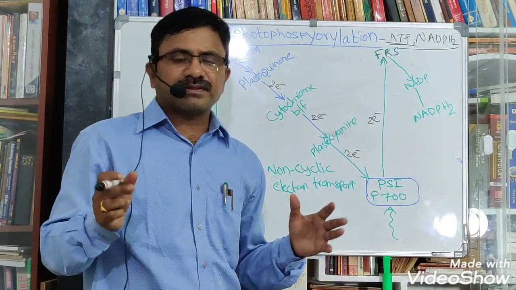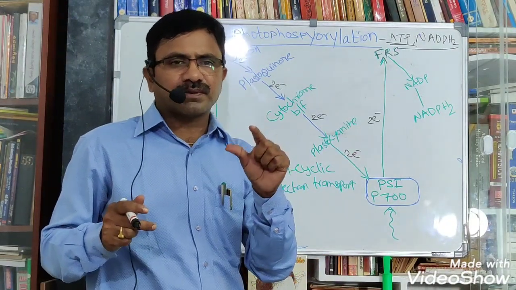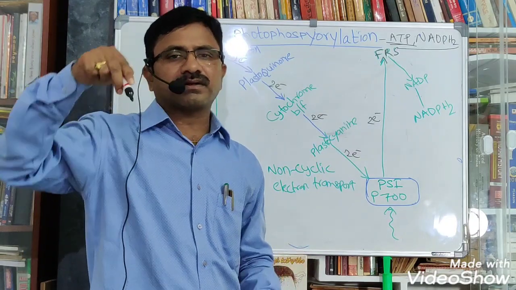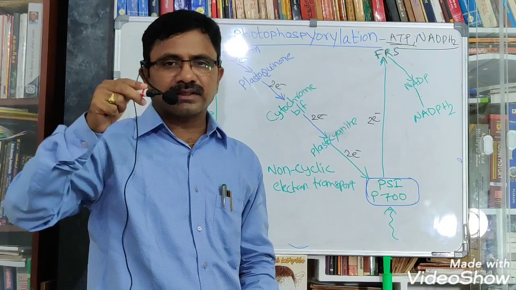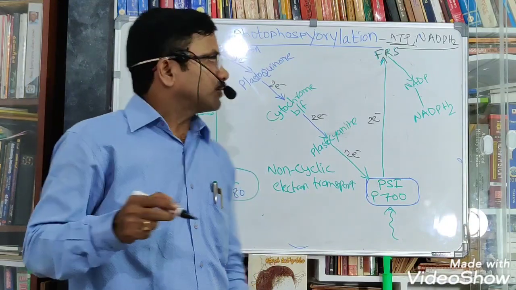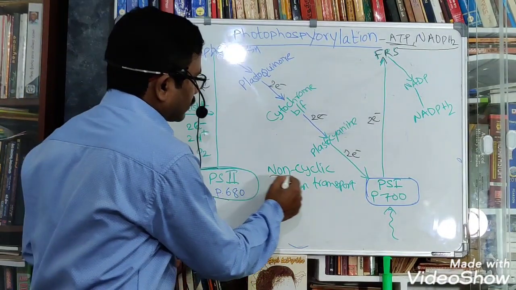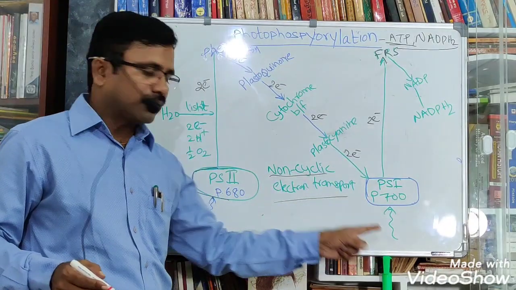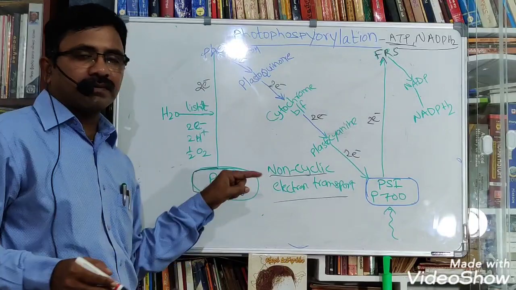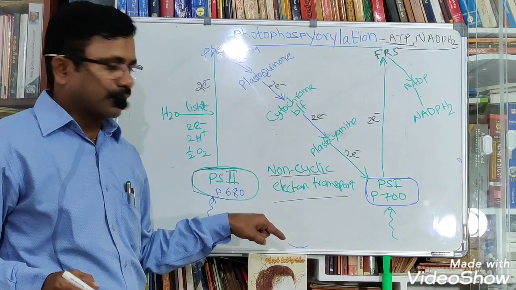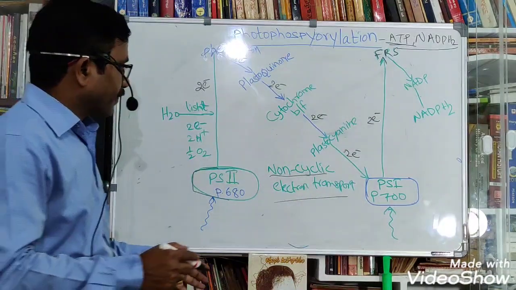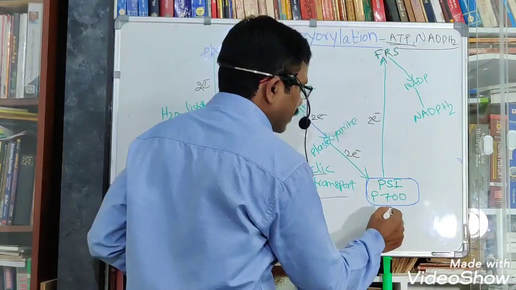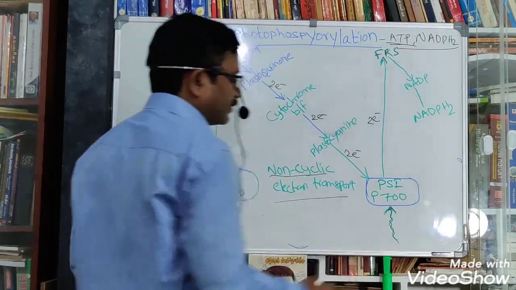In photosynthesis, electron transport occurs in two ways: non-cyclic electron transport and cyclic electron transport. In non-cyclic electron transport, both photosystem 1 and photosystem 2 participate. First the photosystem 1 receives light.